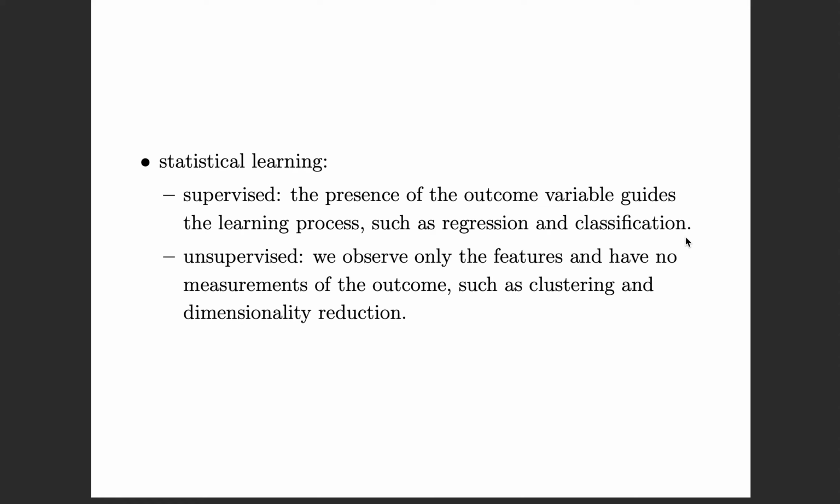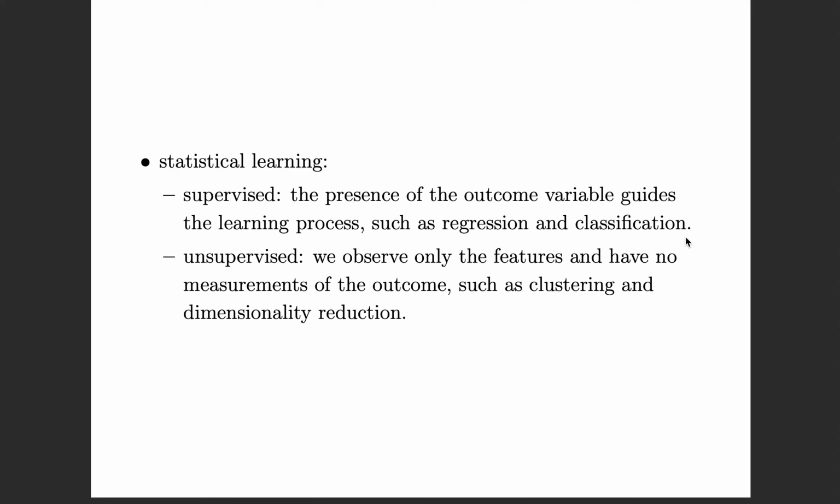And we like to study the relationship between the outcome variable, the response, the dependent variable, and the many independent variables. And this itself can fall into two categories. If the response variable is continuous numeric, then it's a regression problem.